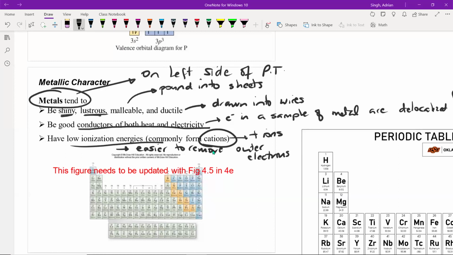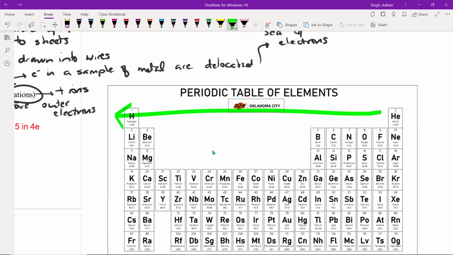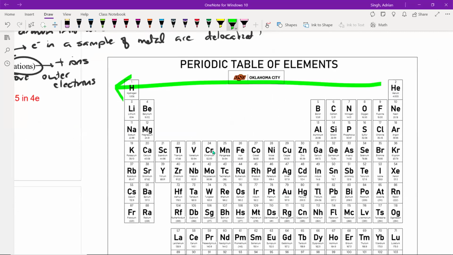So in terms of metallic character, and we'll just do this in a general sense, metallic character increases from right to left. So again, that makes sense because metals are found on the left side of the table, and metallic character also increases when we go down a group from top to bottom.